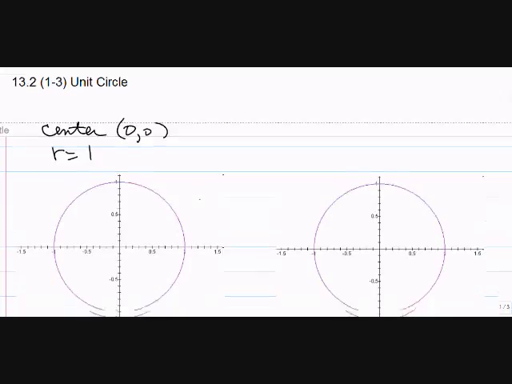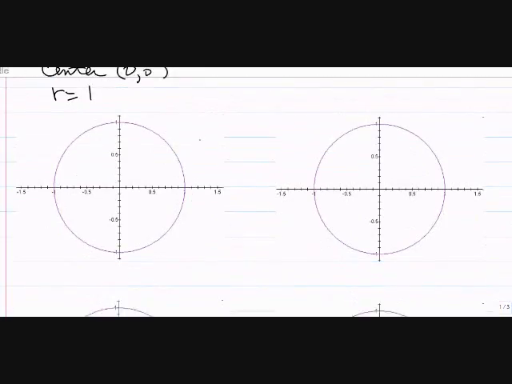Now we're going to start defining some angles around this circle. We always start on the positive side of the x-axis as one side of our angle. That's called standard position. And then I'm going to throw in the other side of my angle.